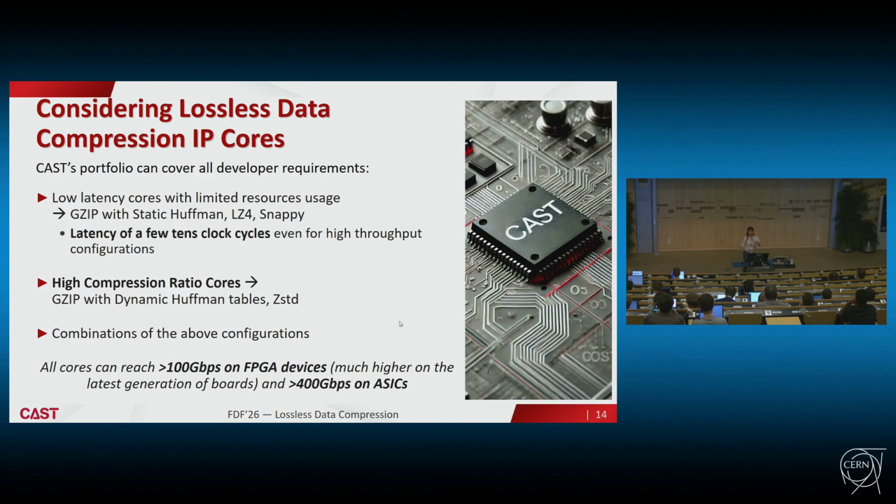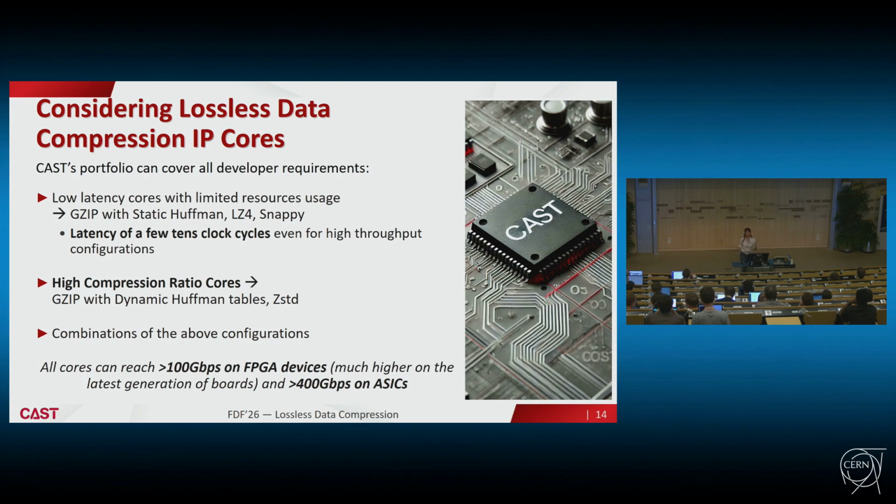Talking from my experience and the CAST portfolio, for most of these cores, we are the only ones that can offer them. We offer low latency cores that implement LZ4 and Snappy and GZIP with static Huffman tables with very few clock cycles of latency, and high compression cores with GZIP, dynamic Huffman tables, and Zstandard, and combinations of the above.